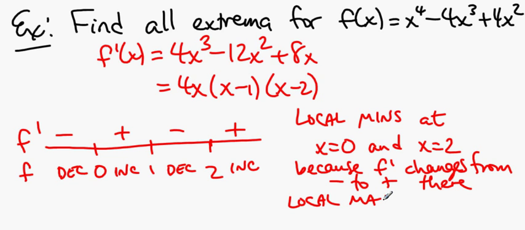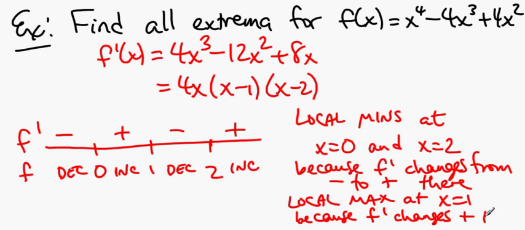And I have a local max at x equals 1. Why? Because f prime changes from positive to negative. F changes from increasing to decreasing. So if I think about what this function looks like, it's decreasing, increasing, decreasing, increasing. It looks roughly like this.